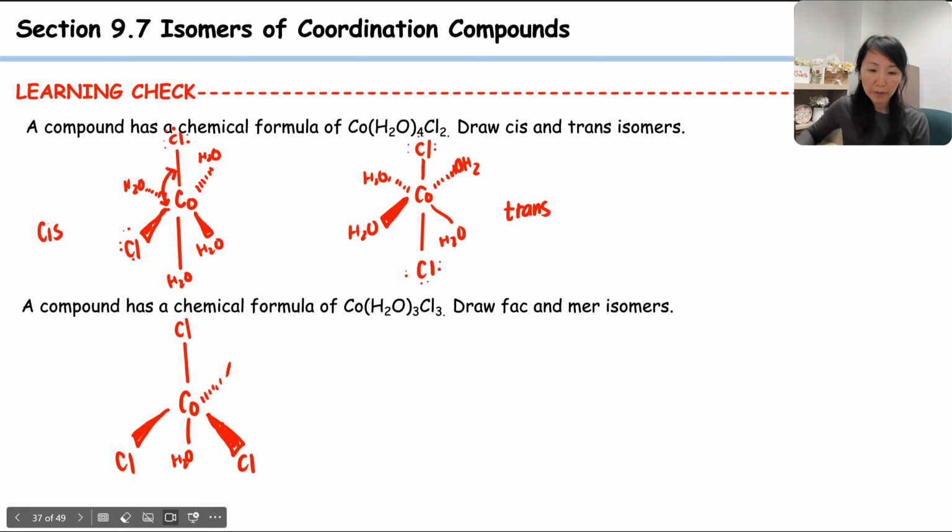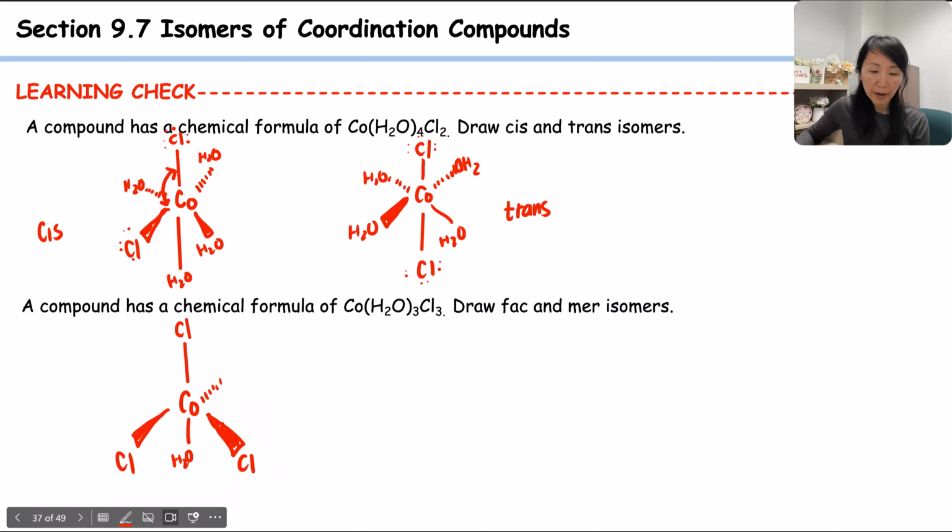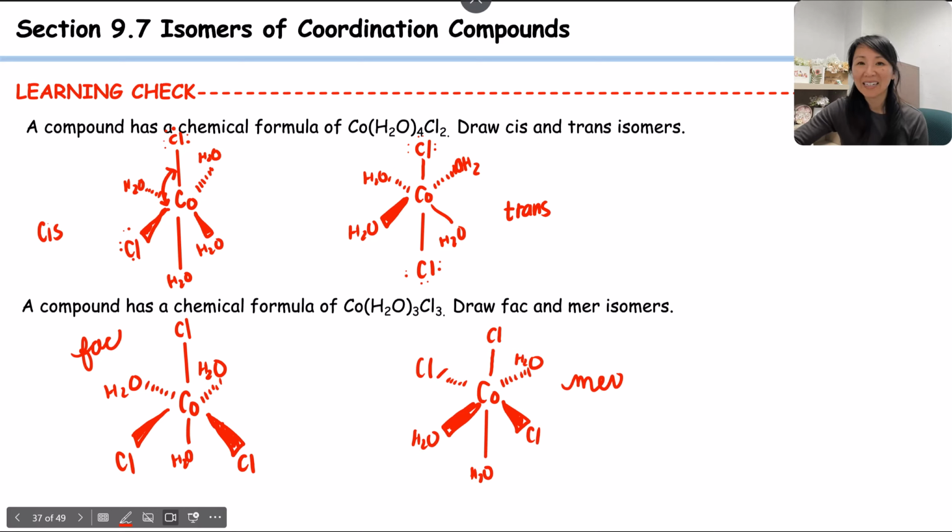We could have swapped places with water and have water be the determination of FAC and MER, and that would have been the same thing. And then now you try the MER and then come back. And here is the key. So here's my chlorine, chlorine, chlorine, water, water, water.